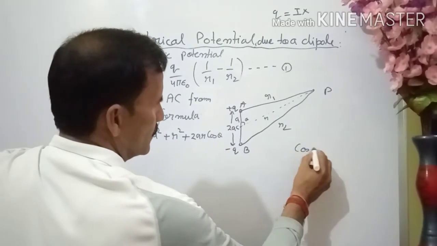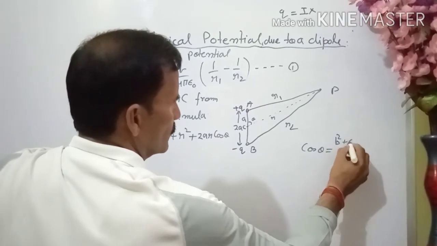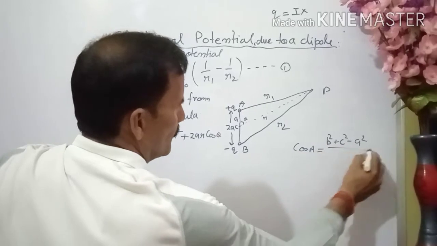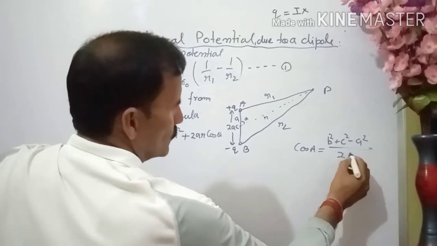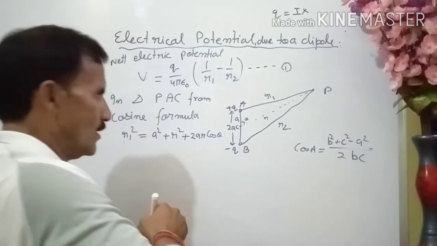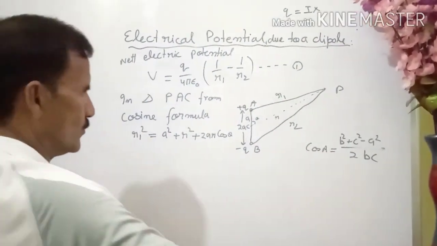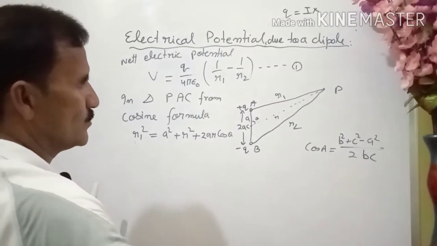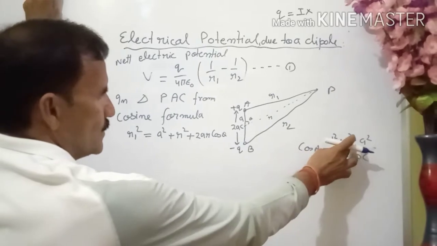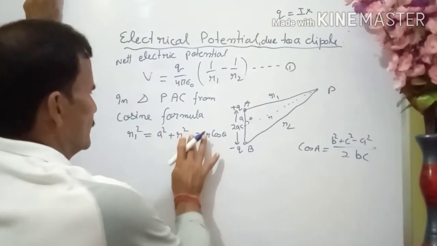You know cos theta is equal to (B square plus C square minus A square) upon 2BC. So we are using the cosine formula, multiplying and transferring, and like this you get it.